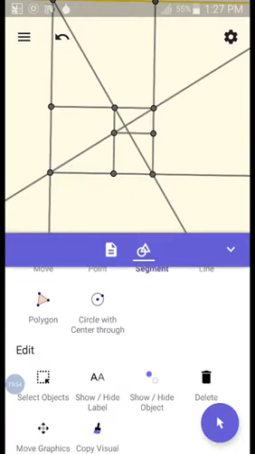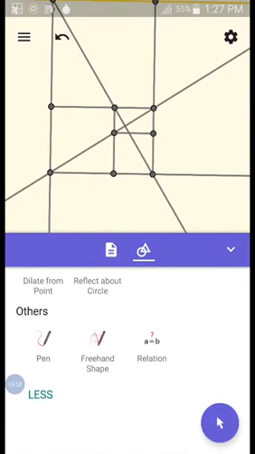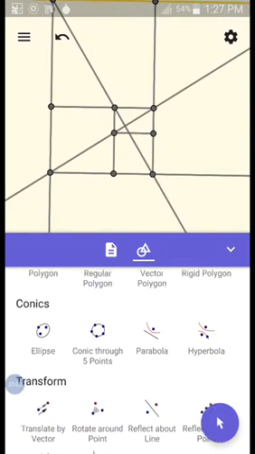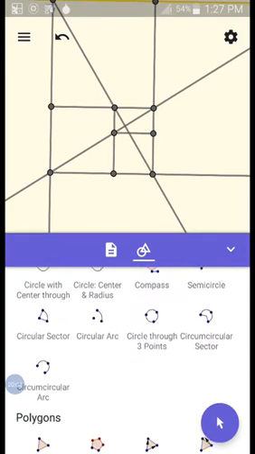Now we've got another trick. Let's go ahead and do this real quick. I'm almost at 20 minutes, so I don't want to take too long this time around. Where's my arc tool? Arc. There we go.